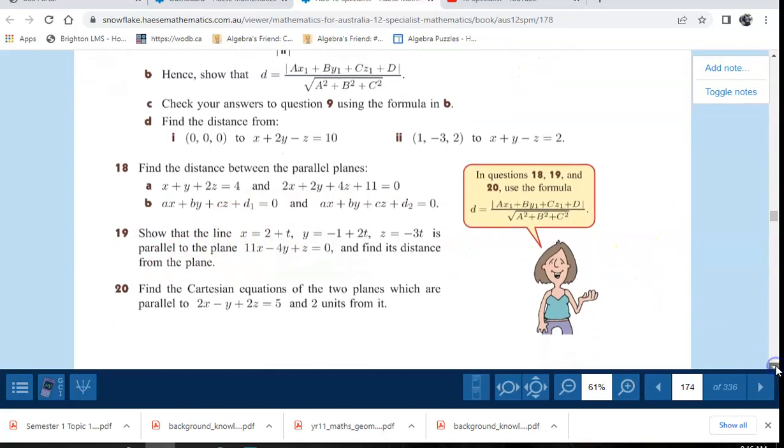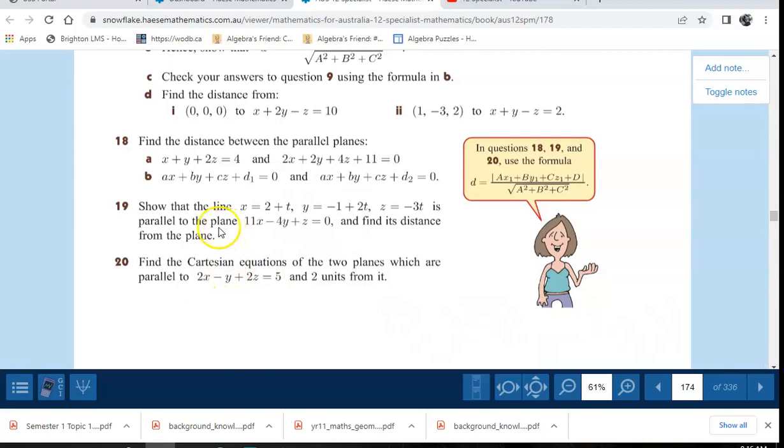Just while we're here, if we're looking at 19, show that this line is parallel to this plane. How can we do it? I wanted you to go, oh, parallel, you'd be one multiple, but no. To show that they are parallel, this normal vector, as Ethan said, wouldn't that be perpendicular to the line?